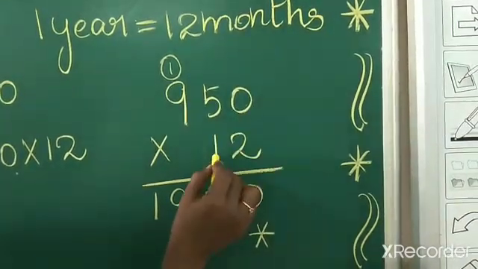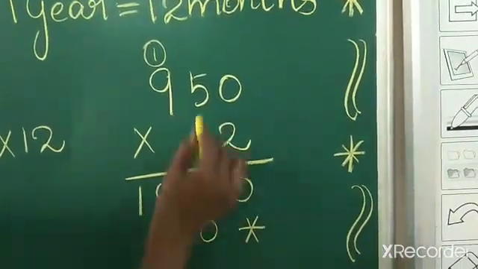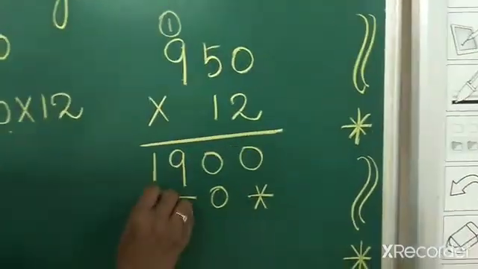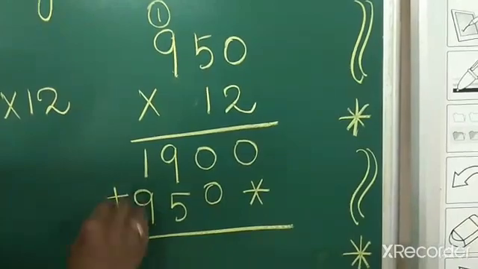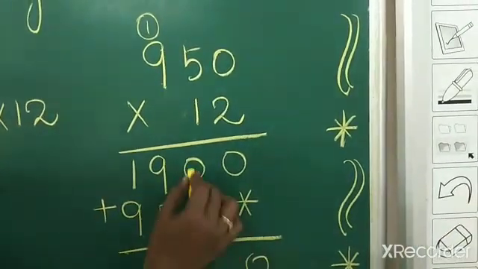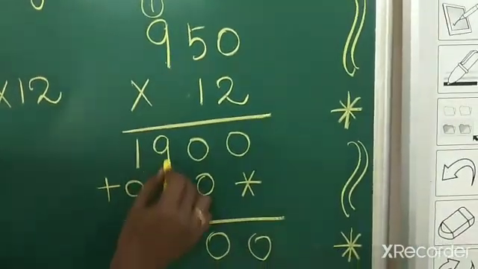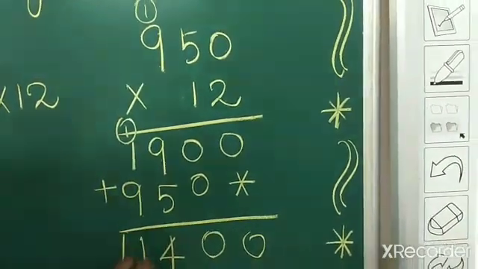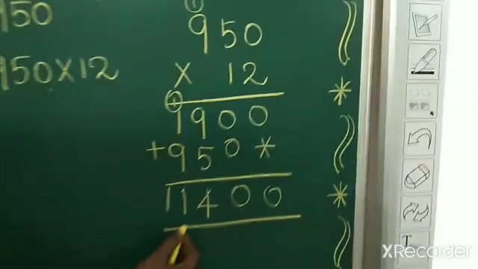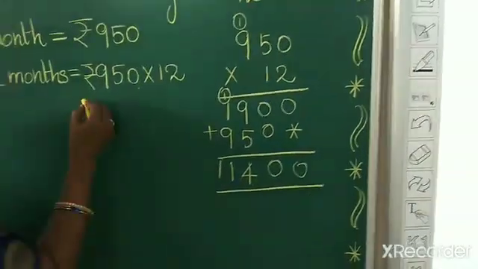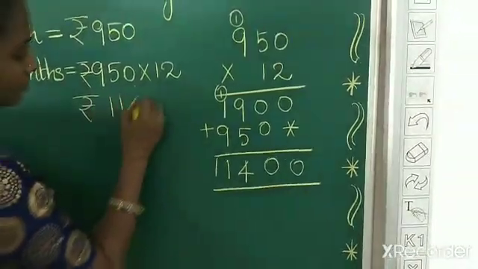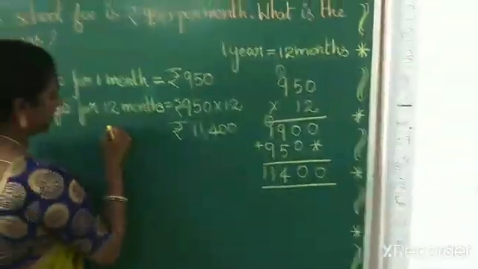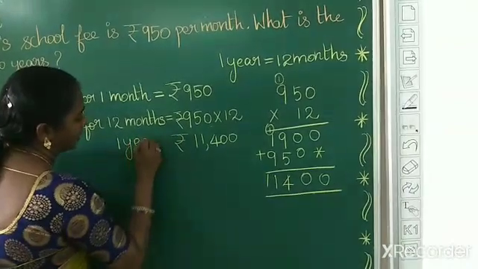So now 0 1s are 0, 5 1s are 5, 9 1s are 9. Now add. 0, 0 plus 0 is 0, 9 plus 5 is 14, then 11. So the answer is rupees 11,400 for how many months? 12 months, which is equal to 1 year.